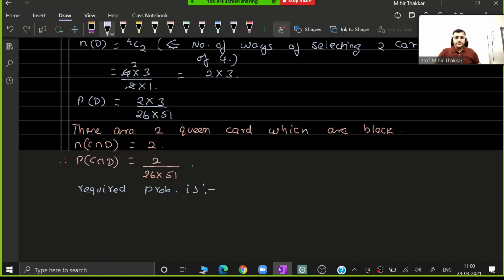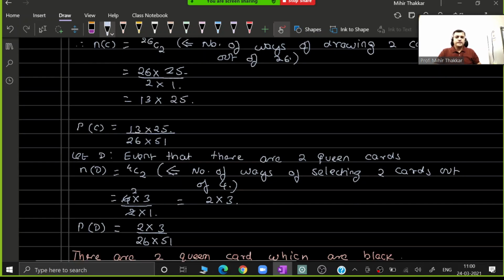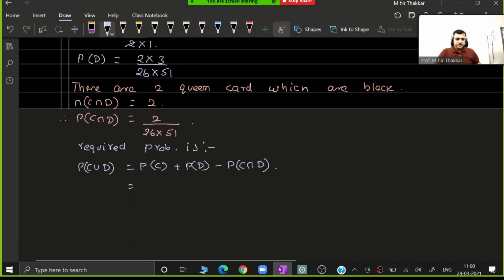So the required probability is that probability of C union D is equal to P of C plus P of D minus P of C intersection D. So what was P of C over here? 13 into 25 upon 26 into 51.